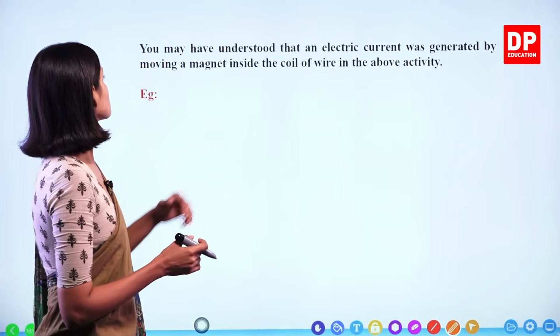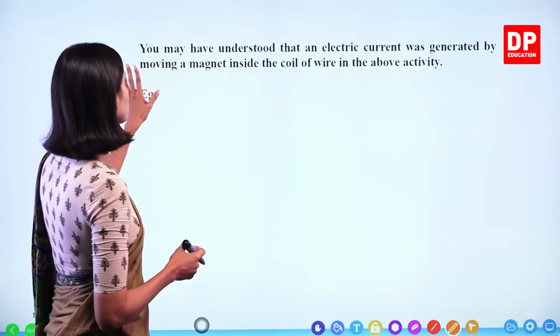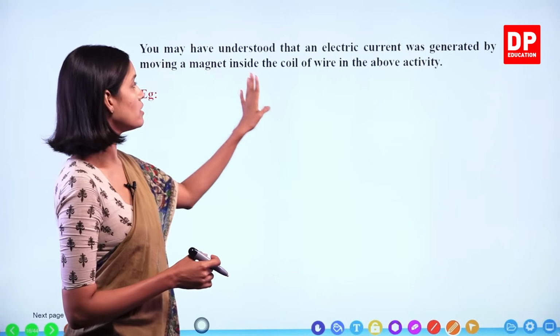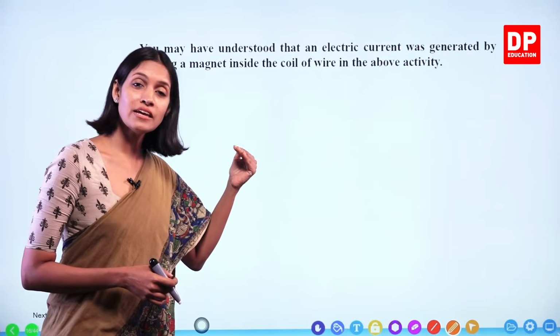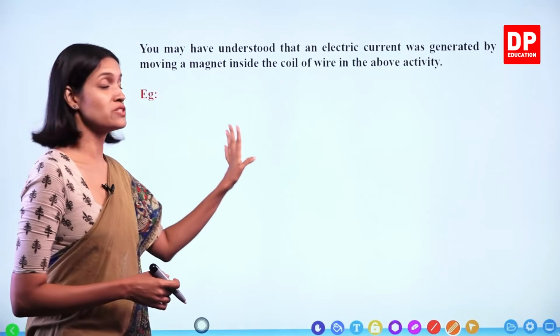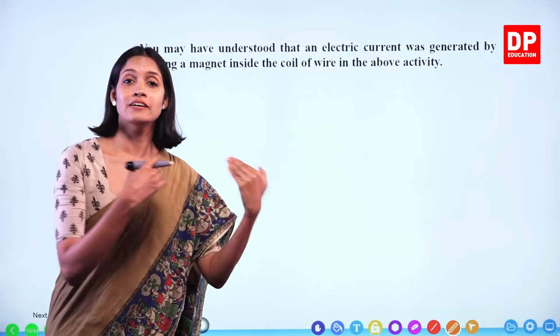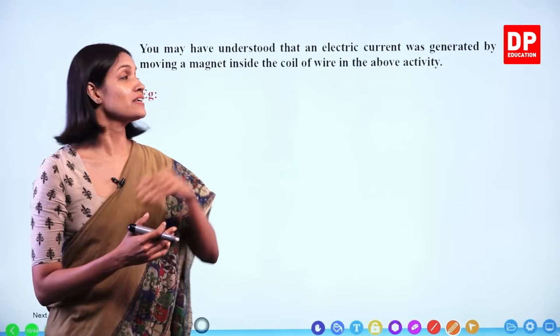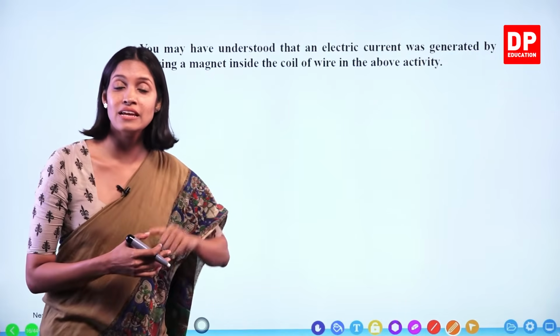Right. So you may have understood that an electric current was generated by moving a magnet inside the coil of wire in the above activity. Are there any other instances we use this method, children? Remember, moving a magnet near a coil of wire can generate electricity. This is a main method of generating electricity.